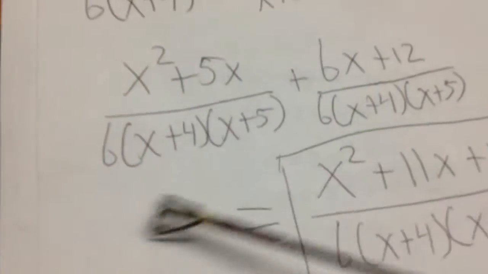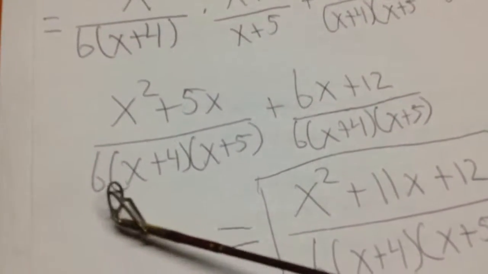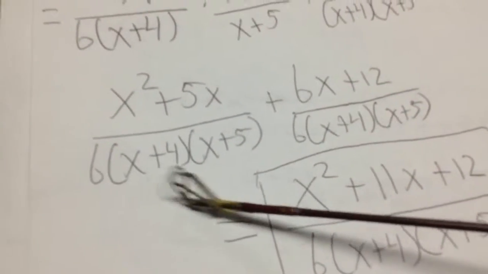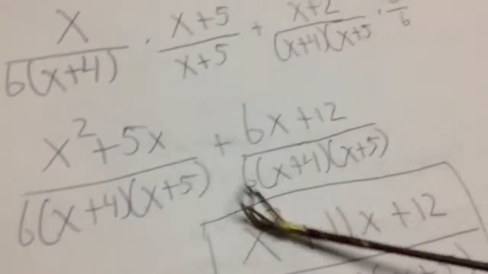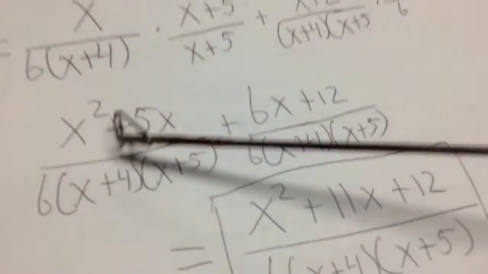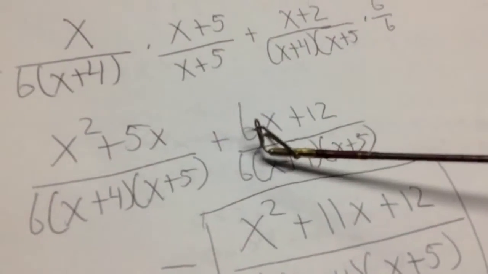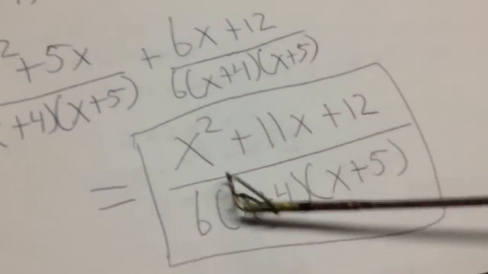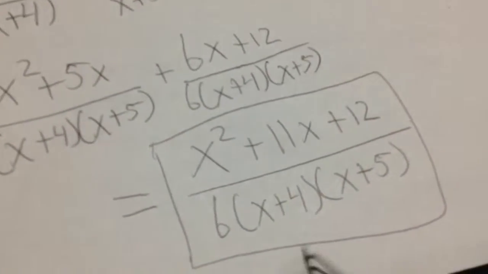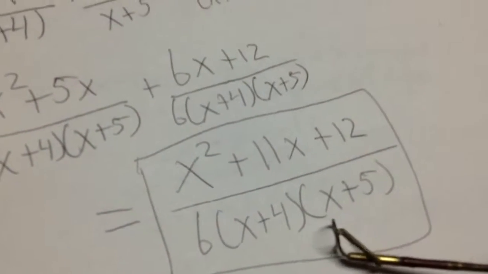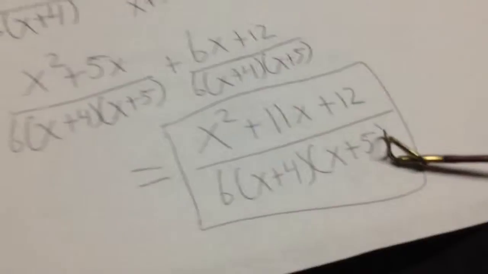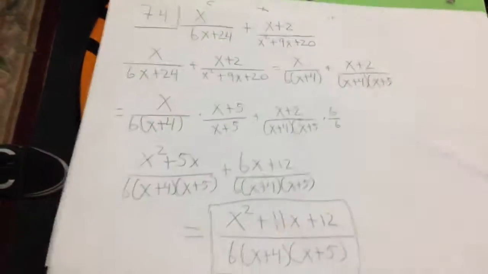And then for our common denominator, that gives us 6 times x plus 4 times x plus 5 on both sides. And then for up here, then you just add them. So then that gives you x squared plus 11x plus 12 over 6 times x plus 4 times x plus 5. And that is the answer. That's how you do this problem.